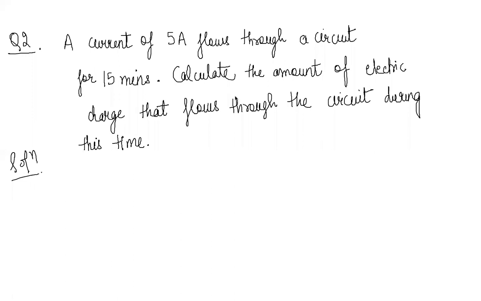Yes, Malay, your answer is right. Okay, your answers are right. So I will solve this question and you can check. The current flowing I is equal to charge flow per unit time.